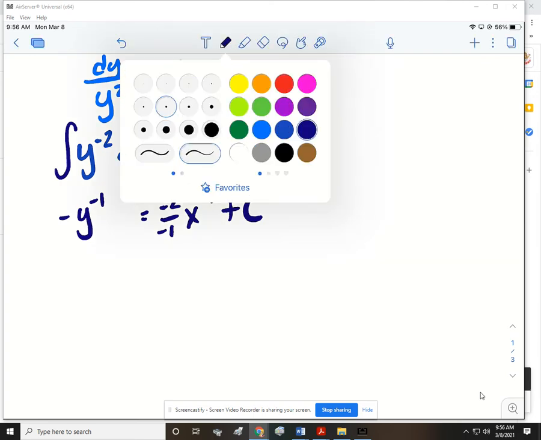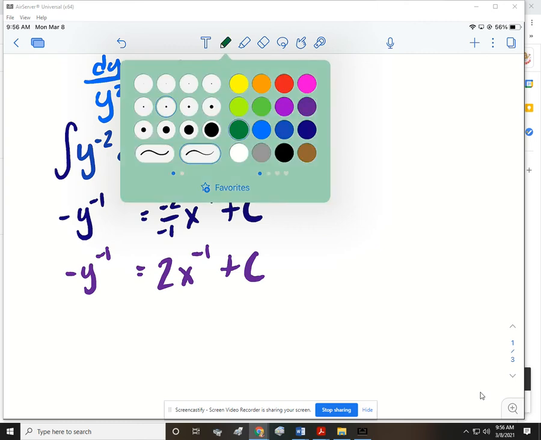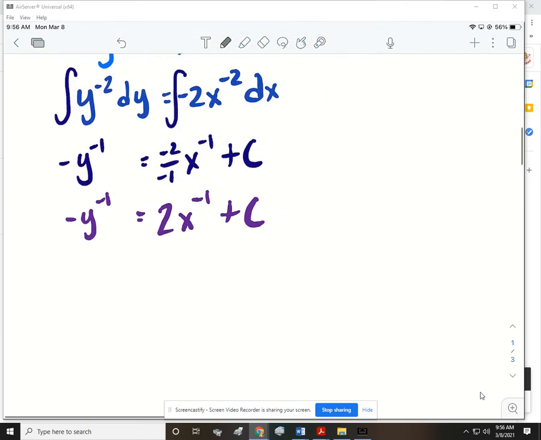Okay, so I've got work to do. I'm just going to go ahead and make that positive 2. We could have done that from the start. All right, then I'm going to divide through by a negative.